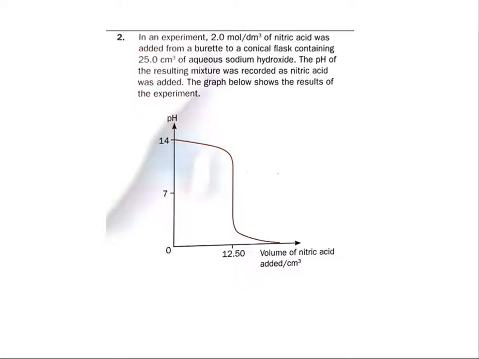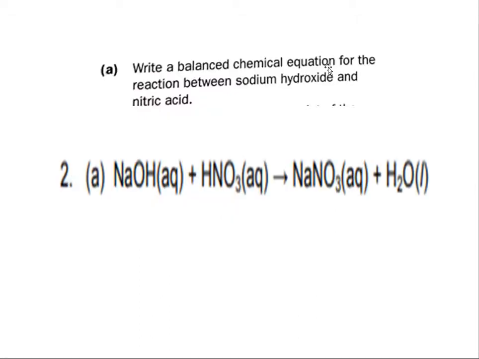Now, the first part of the question asks to write a balanced chemical equation for the reaction between sodium hydroxide and nitric acid. Hydroxide is there. I've already told you that the word hydroxide basically means it's a base, and this is nitric acid.